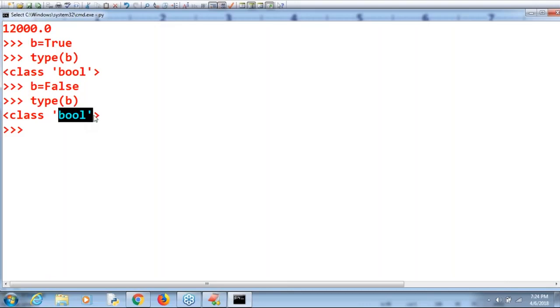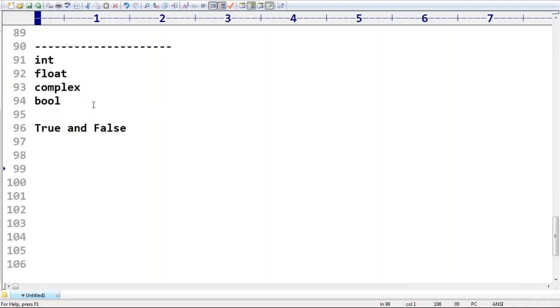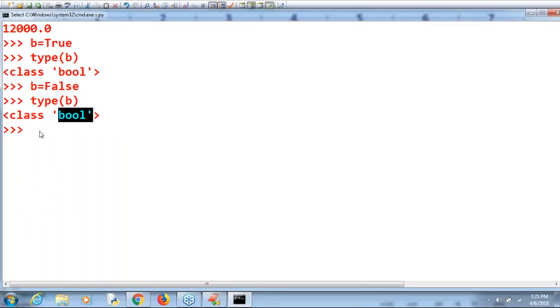Now have a look once. If I consider a is equal to 10, b is equal to 20, c is equal to a less than b, and you print the type of c, what is it? Bool type, right? Is it allowed or not? Yes, why not. a is equal to 10, b is equal to 20, c is equal to a less than b.